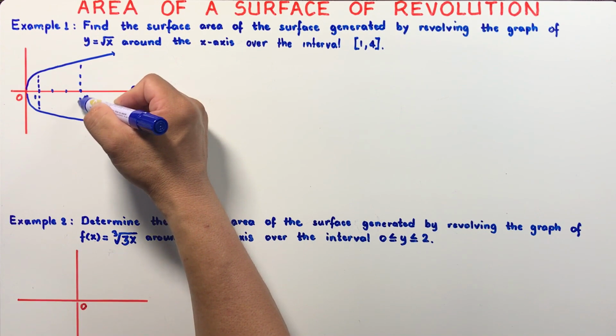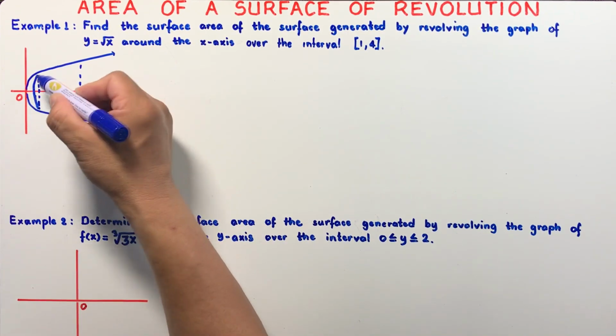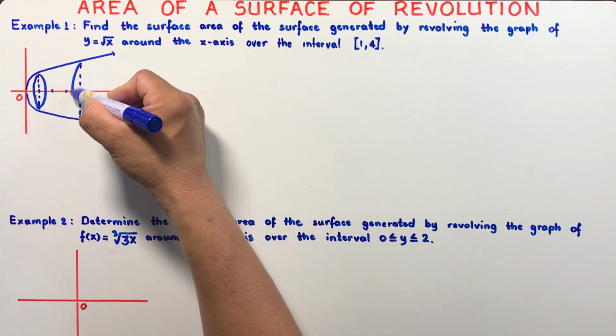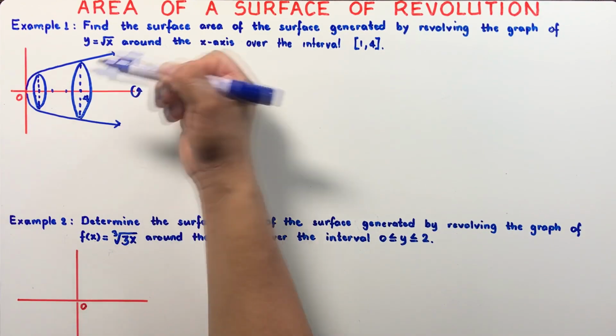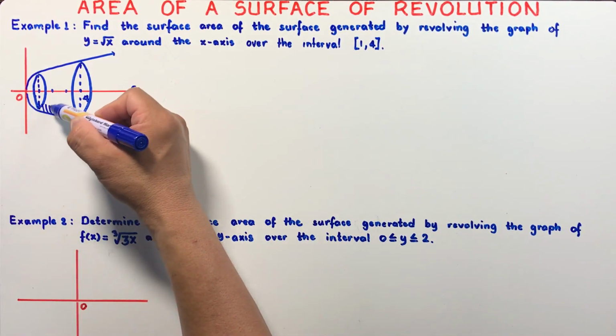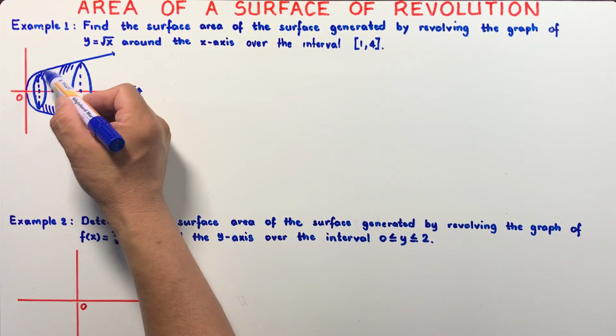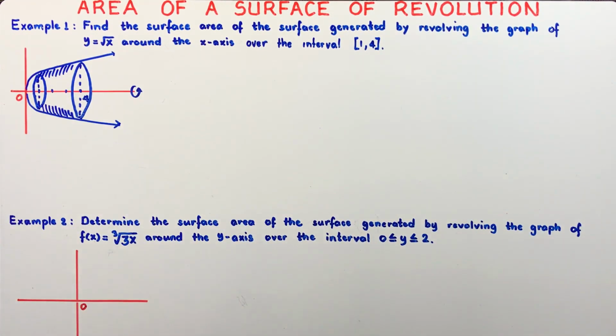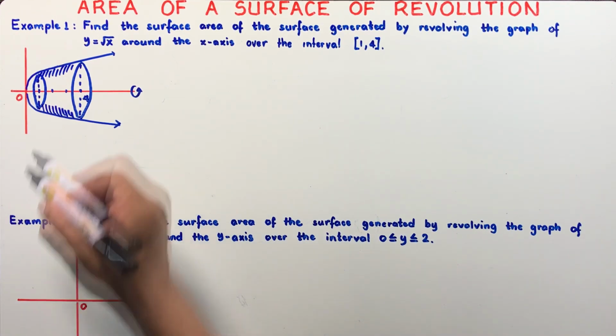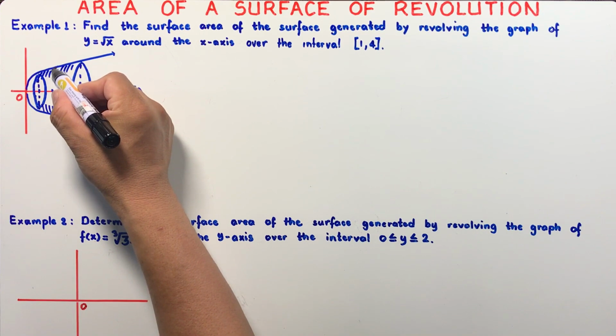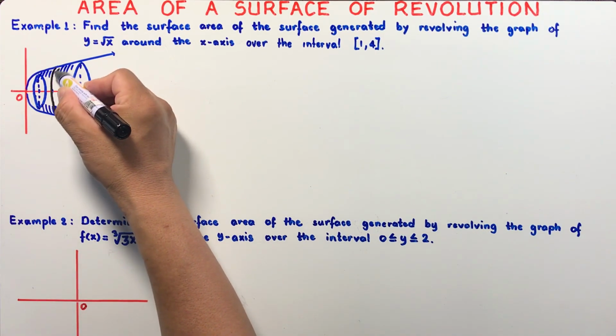So the solid of revolution that we can form here is this one. But our goal is to find the surface area of this solid of revolution. So by intuition, let us slice the whole surface.